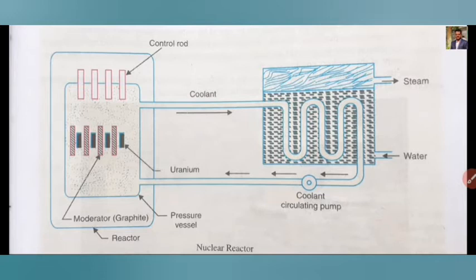In between that, how can we produce the heat energy? We produce it with the help of fuel. In this power plant we use uranium 235, or simply uranium, as fuel.